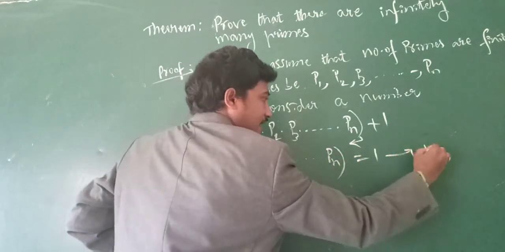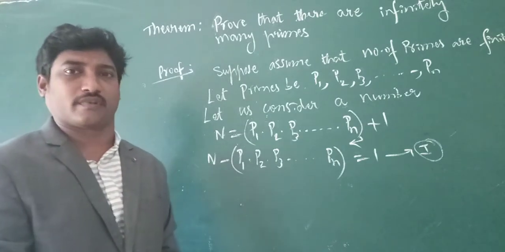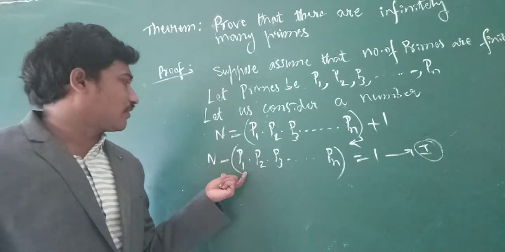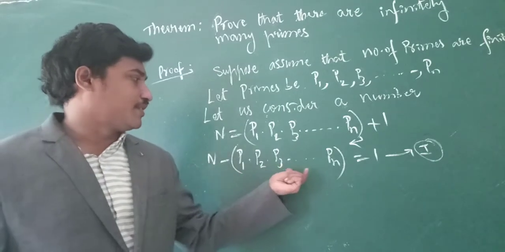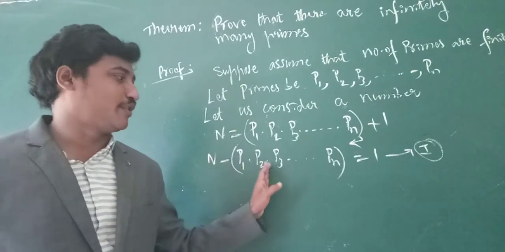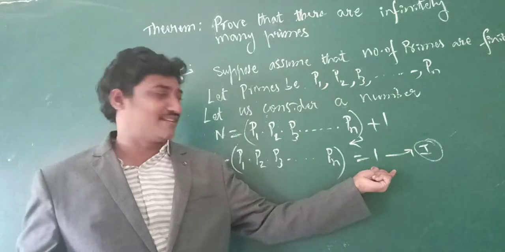Take it as equation 1. Here the left hand side is N minus P1 into P2 into P3 and so on Pn, whereas the right hand side is 1.